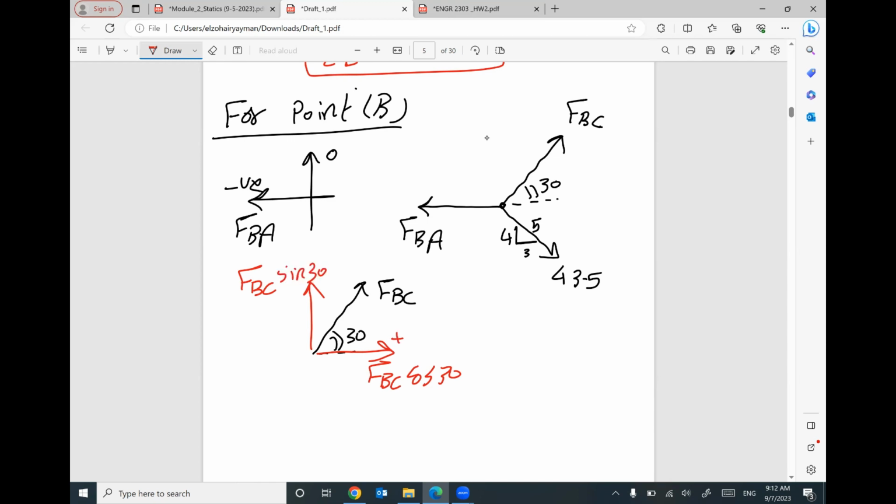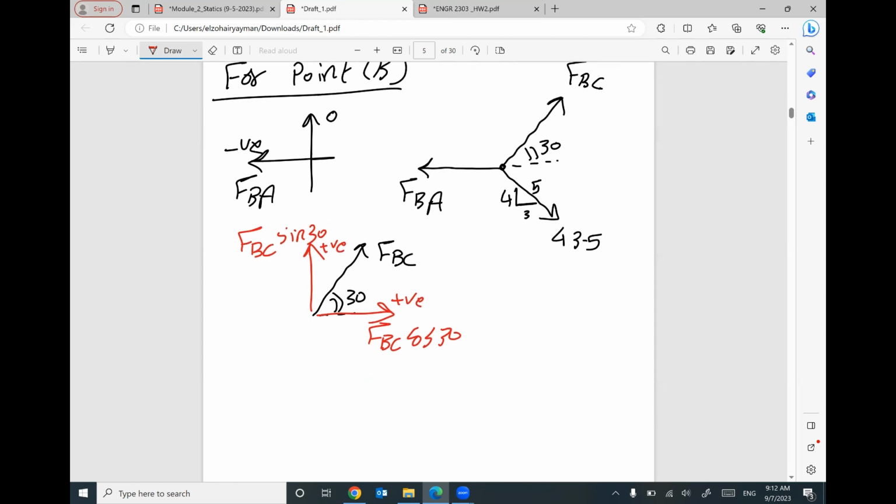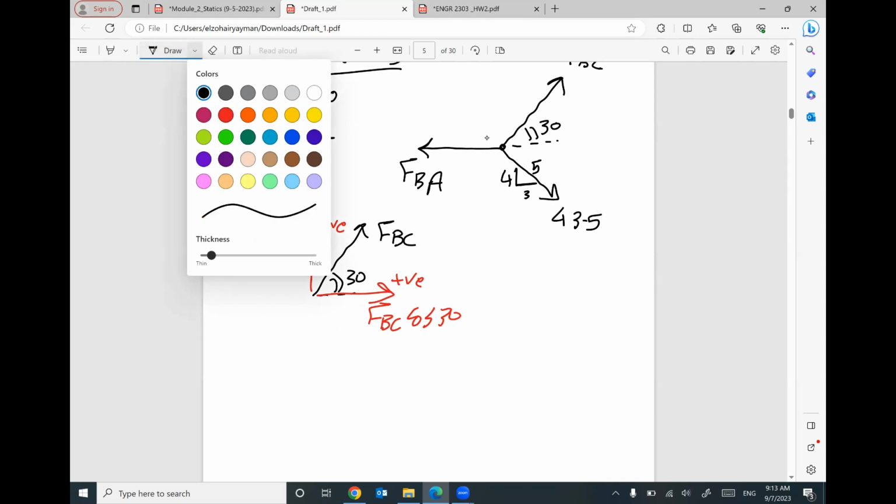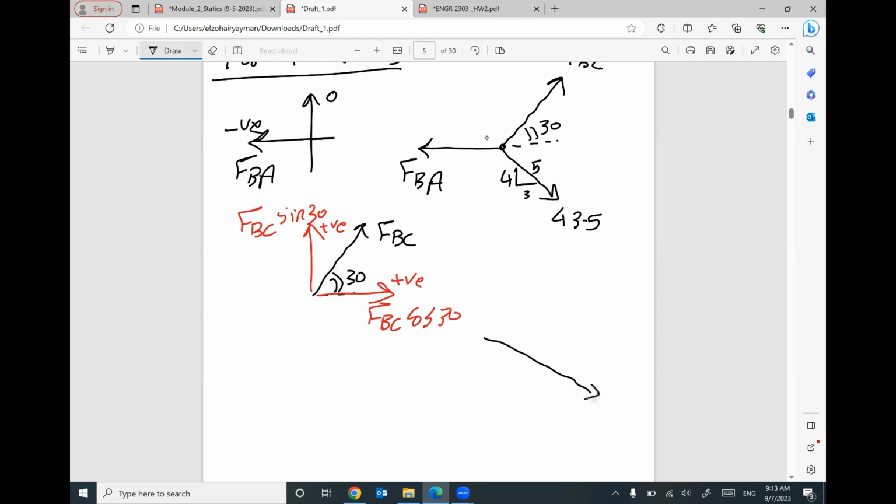And both of them are positive. What else? We have this force 43.5 with this right angle triangle 3, 4, 5. I need to break this force to two components, one horizontal and one vertical.